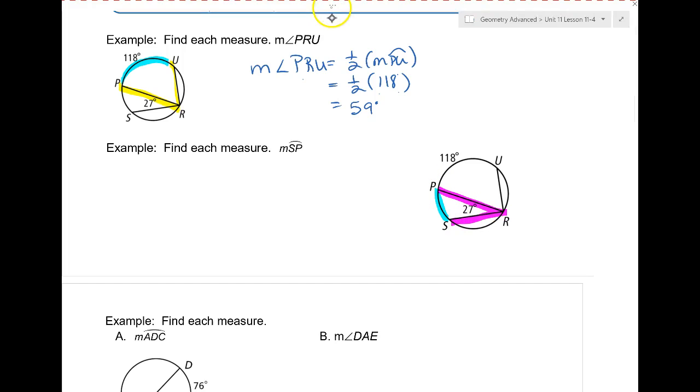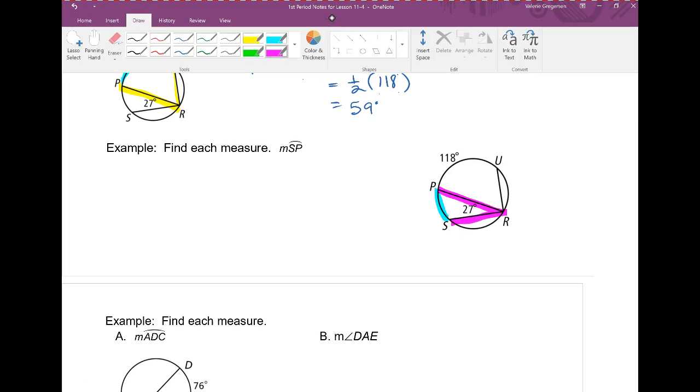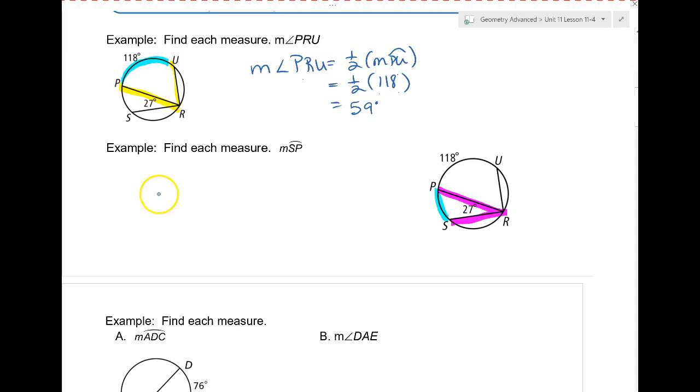Well, aren't we going to use the relationship that if I double the angle, I'll know the arc? Because remember, the angle's half the arc, so I should be able to go the opposite way. So with that, we know the measure of arc SP is going to be twice the measure of the inscribed angle PRS. So it's just 2 times 27. It's 54 degrees.